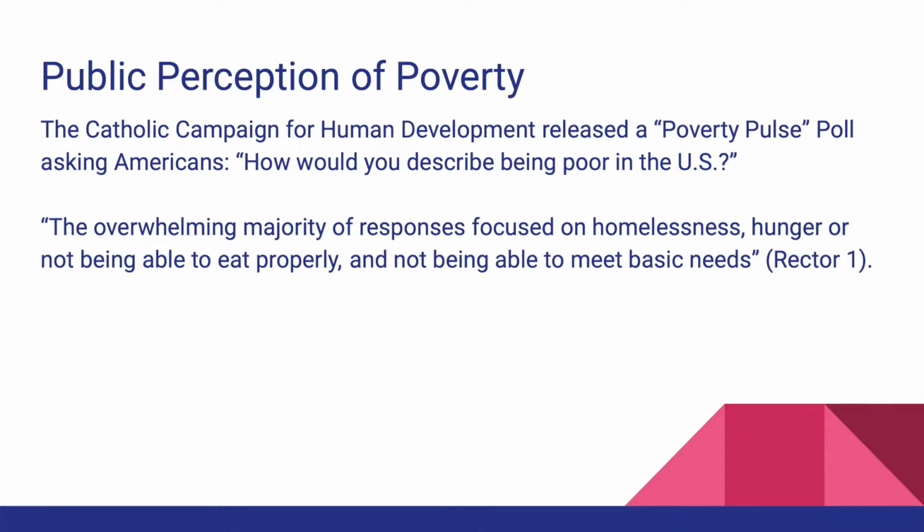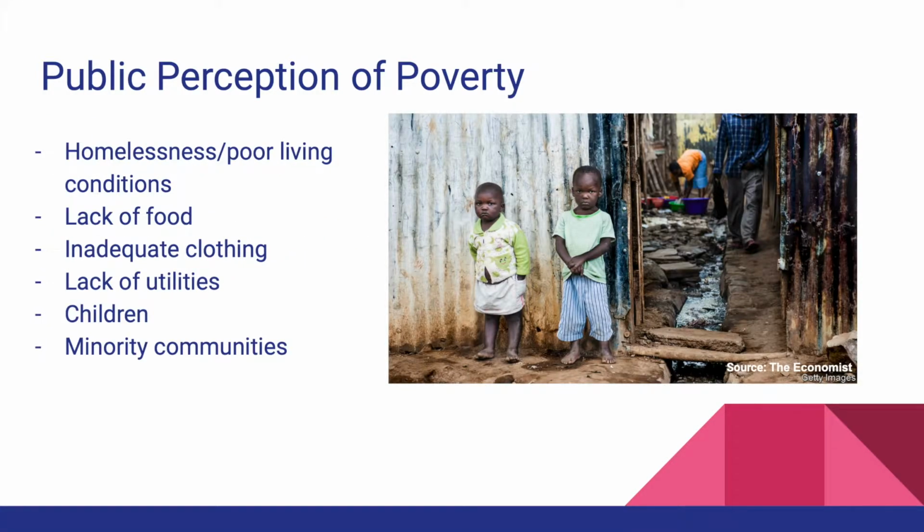So it seemed not too surprising that the first image for poverty was this image. It presents homelessness and poor living conditions and a lack of food, which are the two main focuses from the Poverty Pulse poll. The people in the photo have dirty clothes and no shoes, and it is implied that they rely on the stream for washing, as they most likely do not have a laundry machine or a dishwasher.